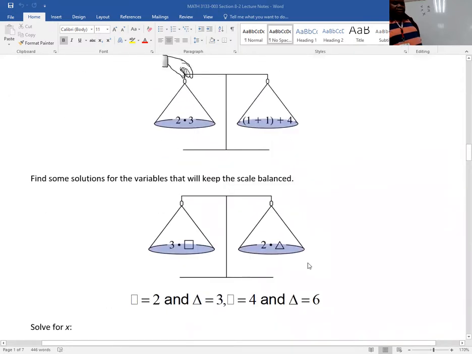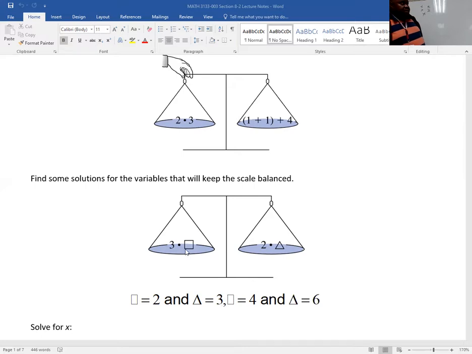And in this case right here, let's say I wanted to find some solutions for the variables that would keep the scale balanced. Like if I have 3 times some square and on the right side 2 times some triangle. In this case, the answers are going to vary. Let's say that this square represents 2 and that triangle represents 3.